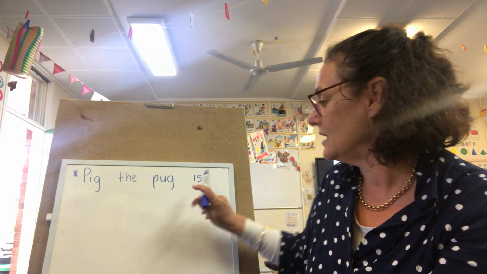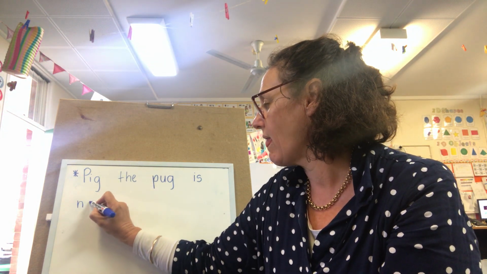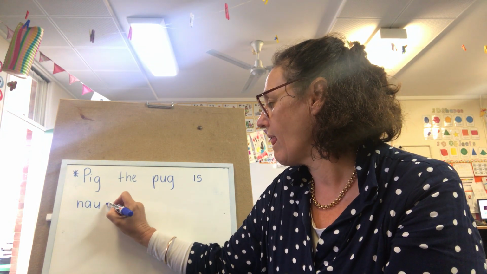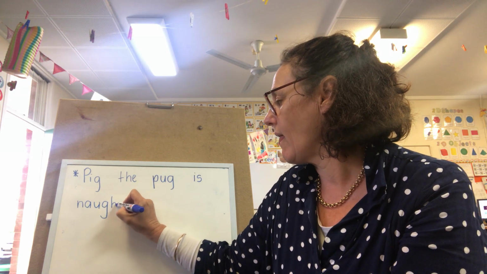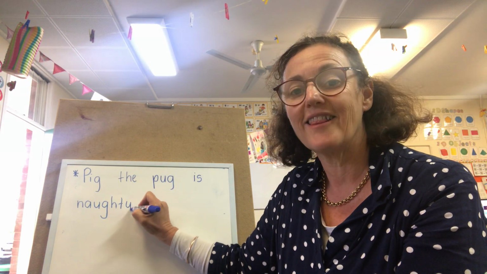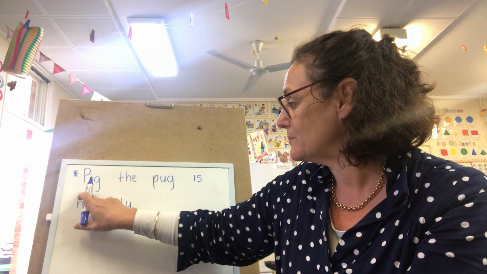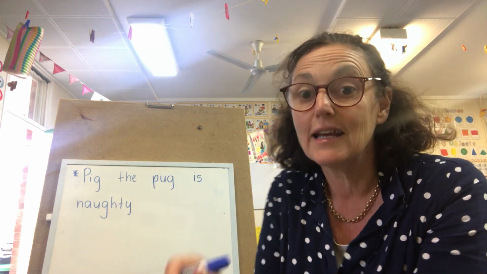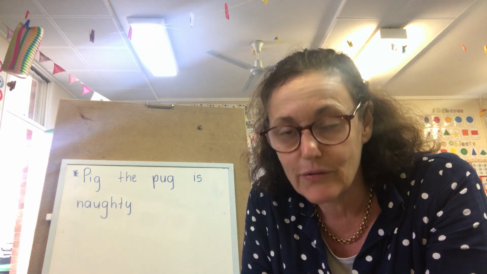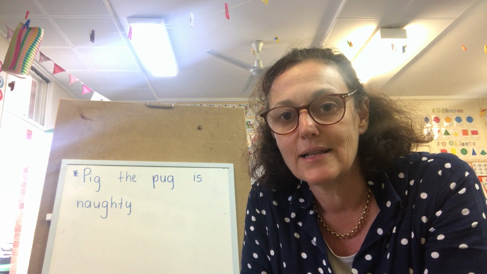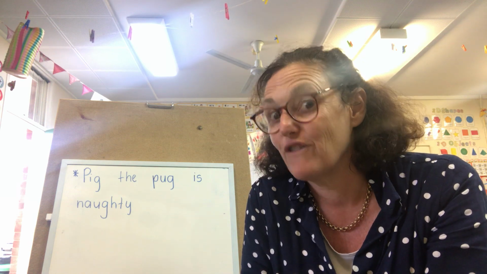Pig the Pug is naughty. And there you go. That's the sentence. Pig the Pug is naughty. Now, Mrs. Valance is going to remember the full stop, and thank you to the boys and girls last week who reminded me that I forgot it.